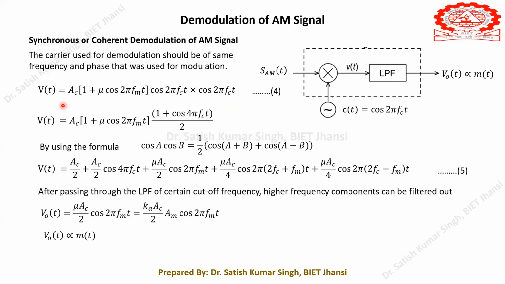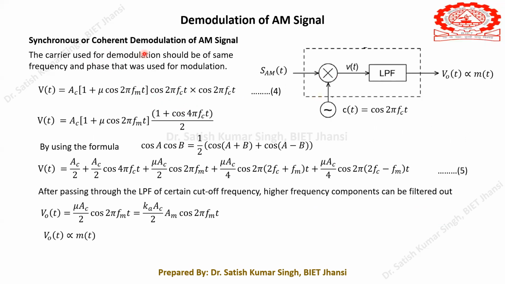I'm just going to tell you one of the very simplest ways of doing the demodulation process. It is very much mathematical, and you will be able to understand and follow this mathematics. The most prominent method we can use for demodulation is called synchronous or coherent demodulation.